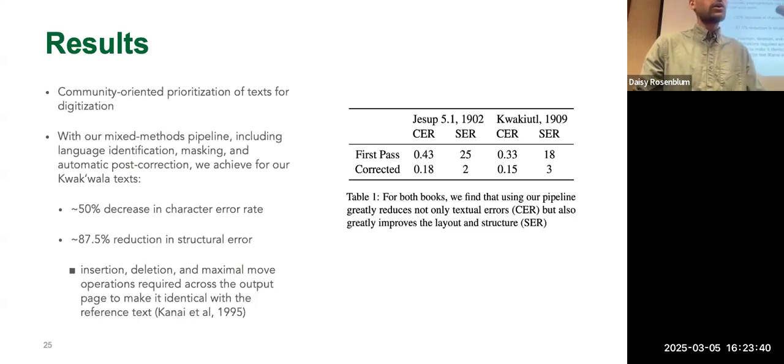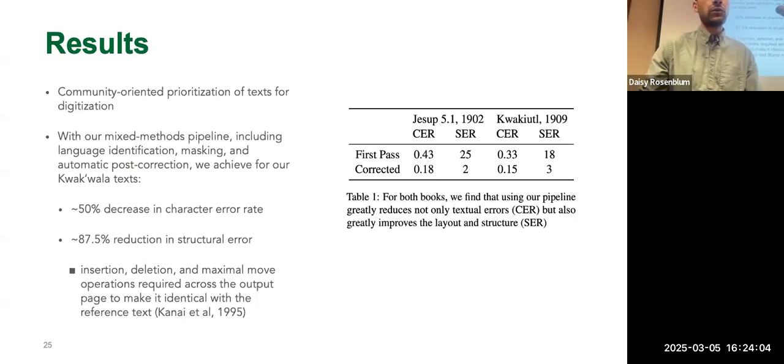We evaluate at the character level for textual improvements, meaning the number of errors you can have at the character level in a text. And for structural errors, we use a proxy evaluation system where we try to calculate the maximum number of moves you can make on a page to get the gold text back.